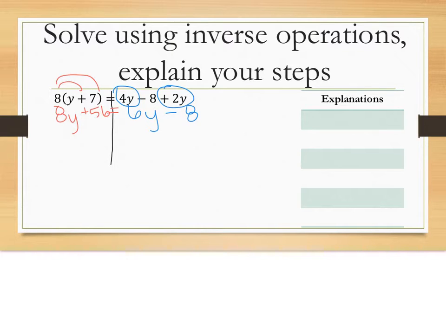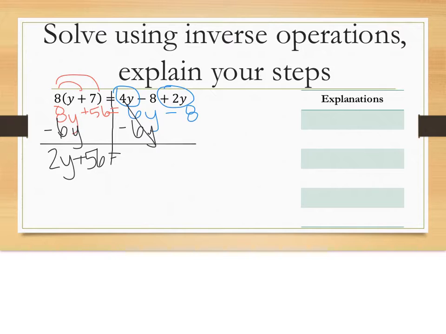From here, I have variables on either side of the equal sign, so I'm going to move all of them to one side. I'm going to take this 6y, since it's smaller, and subtract it to the other side. Since I'm crossing the equal sign, I have to use my inverse operations. So 8y minus 6y is 2y.